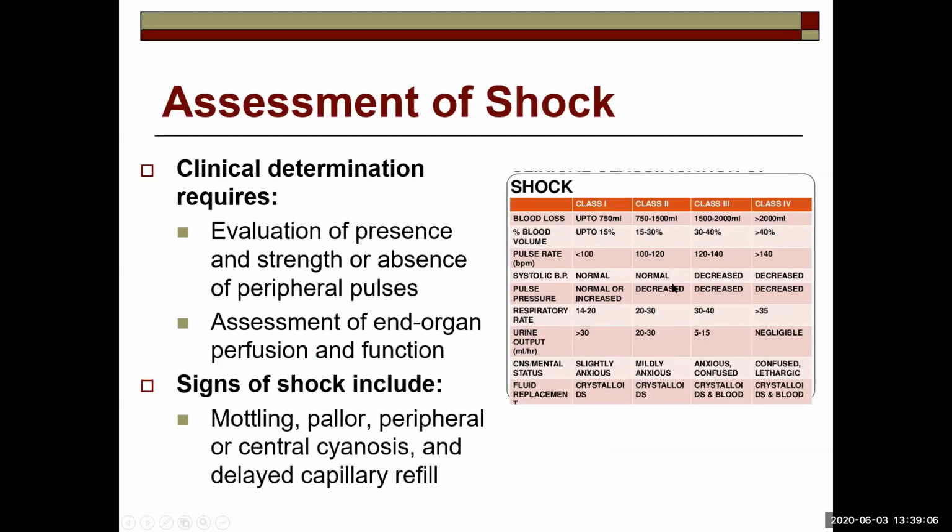All right, this is one way to assess shock: class 1, class 2, class 3, or class 4. We look at different aspects, so pulse rate less than 100 if it's class 1, then 100 to 120, systolic pressure, pulse rate, I'm sorry, pulse pressure.